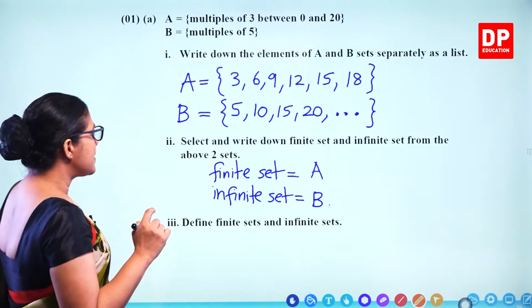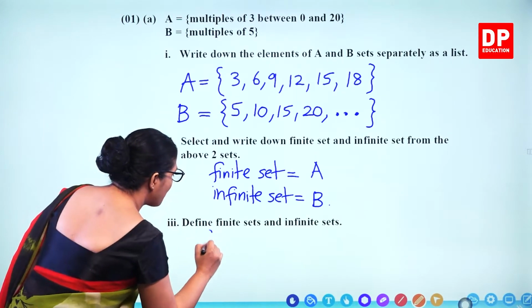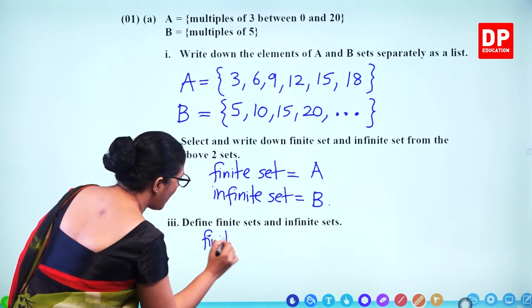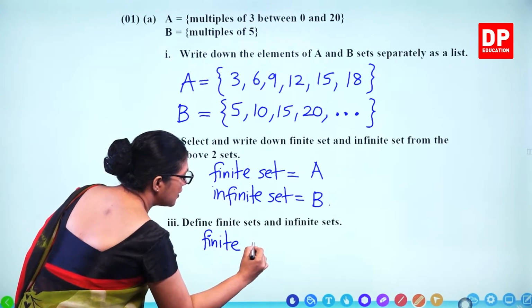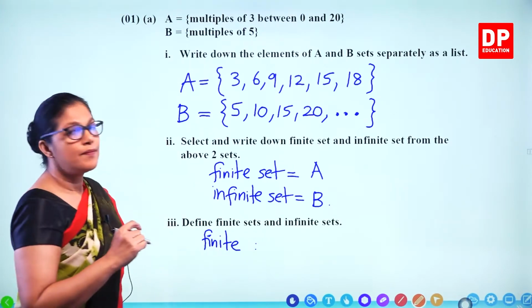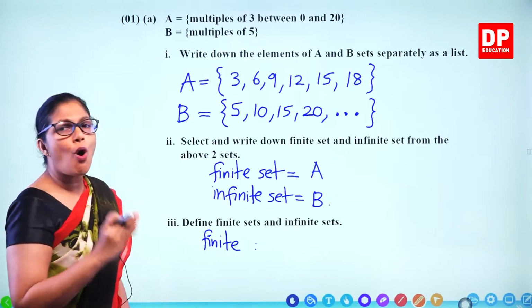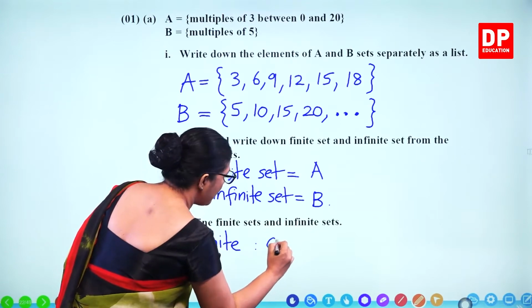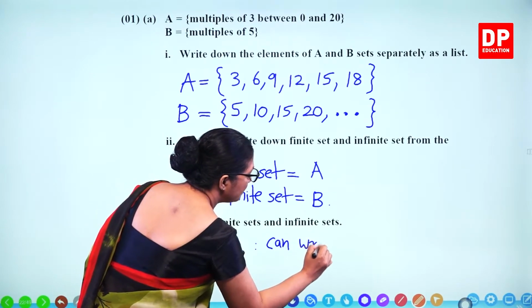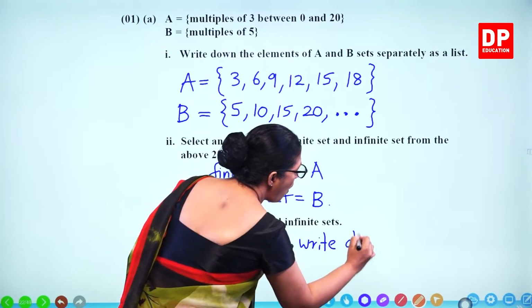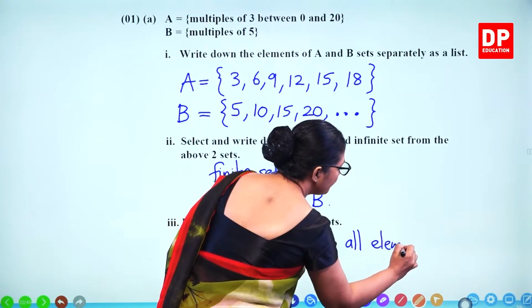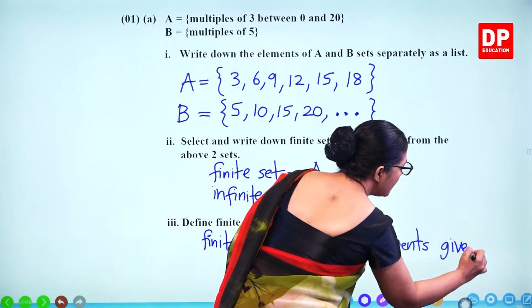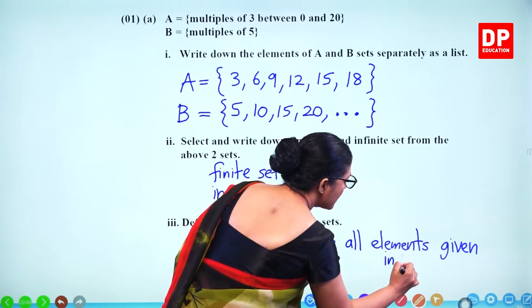Define finite sets and infinite sets. So what is finite? Finite: we can write all elements given in the set.